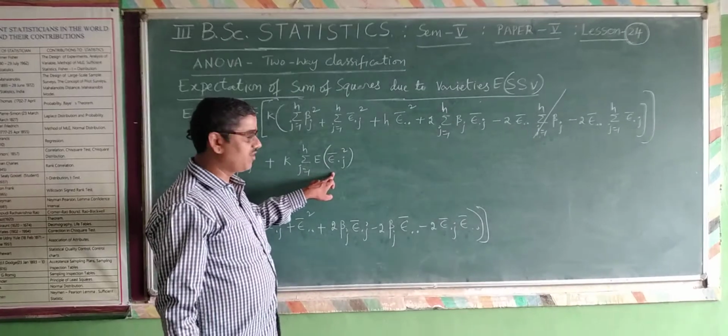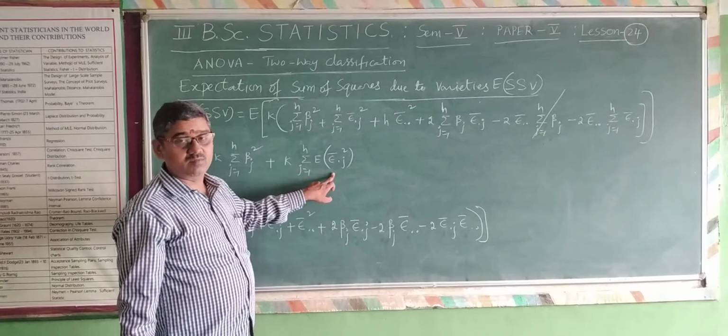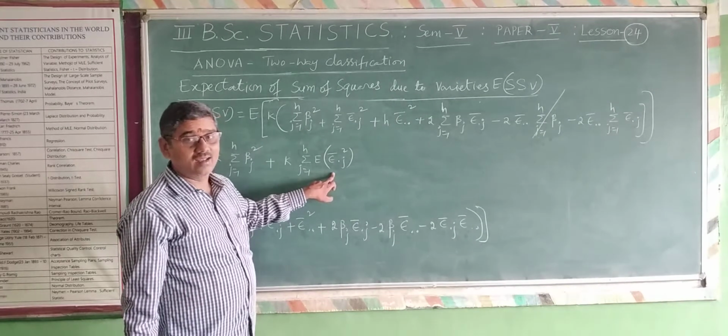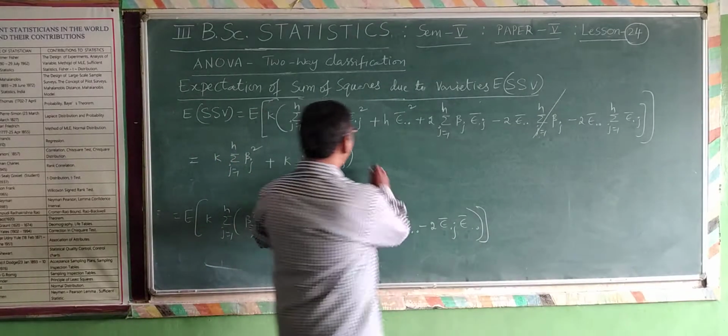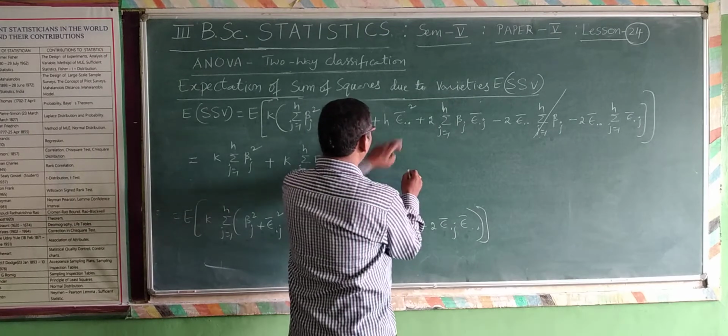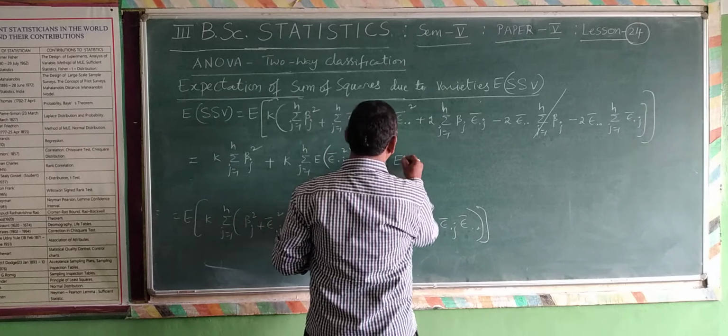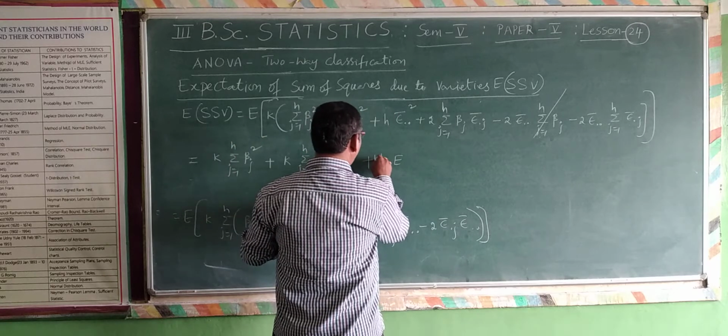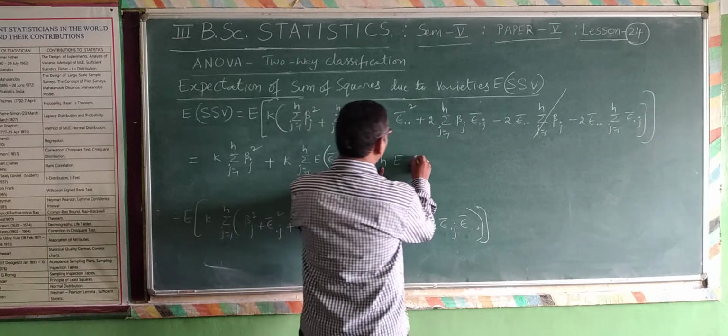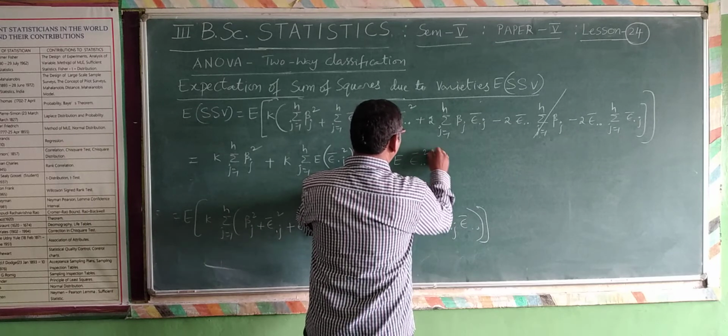Therefore this is the variance of epsilon bar dot j, sigma squared e by k. Plus h into expectation of epsilon bar dot dot squared. Expectation of k into, k is also there, k into h into expectation of epsilon bar dot dot squared.